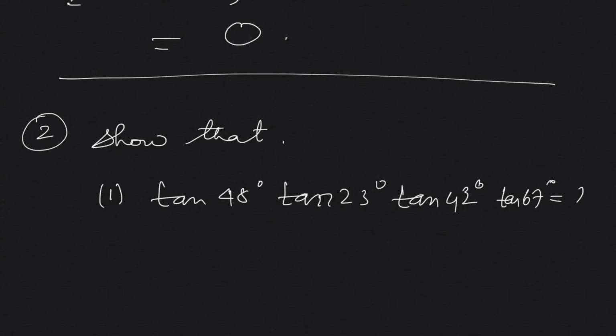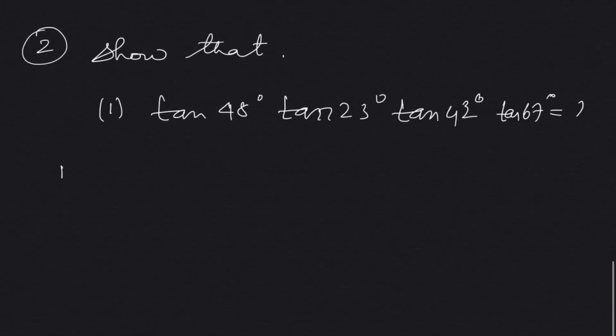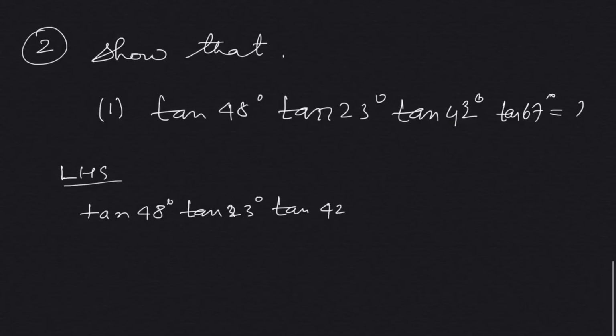This should not be a difficult one. So suppose, say, left hand side: tan 48 degrees, tan 23 degrees, tan 42 degrees, tan 67 degrees.